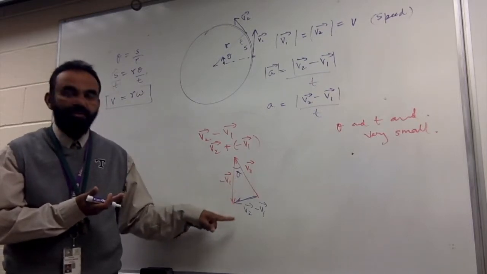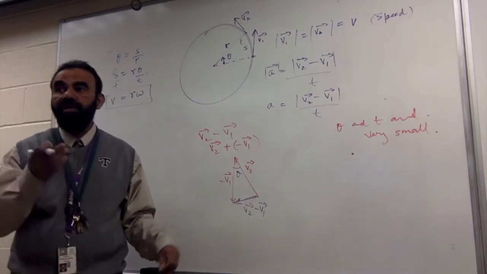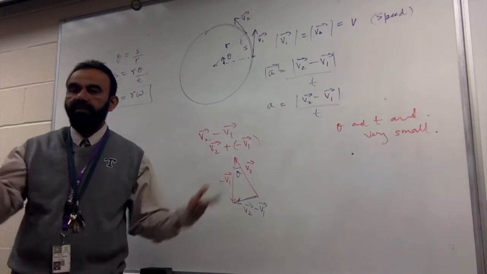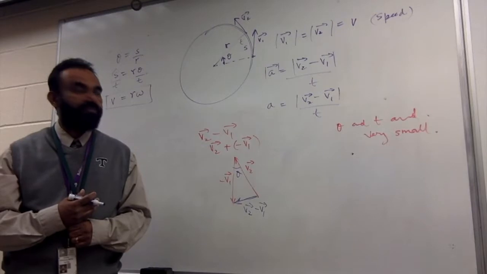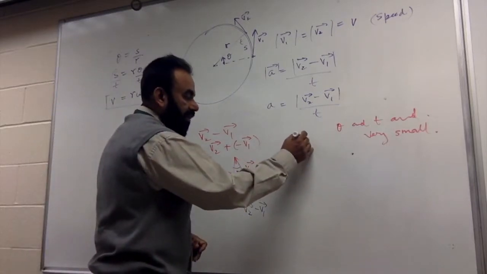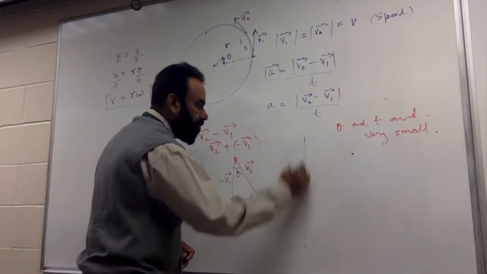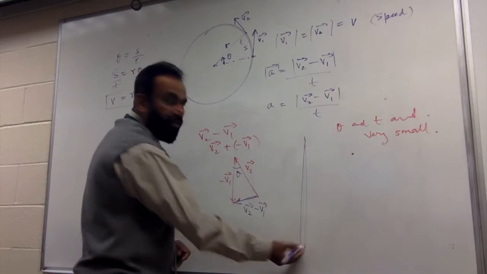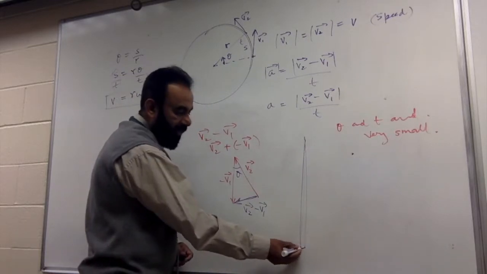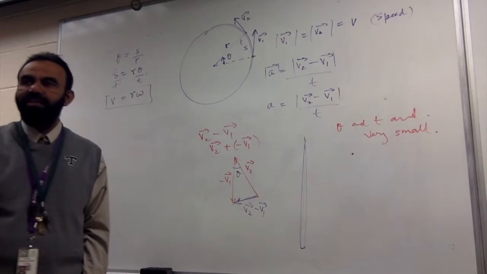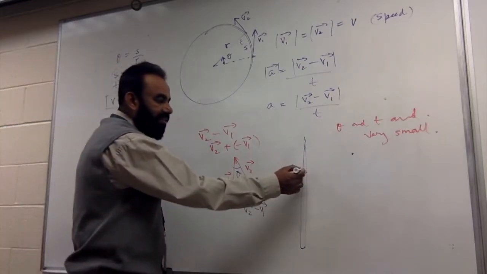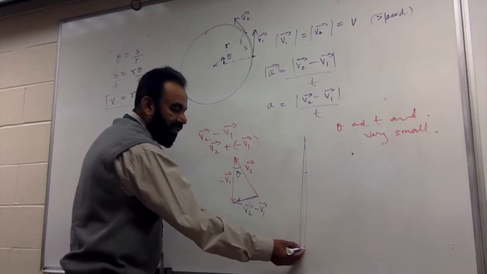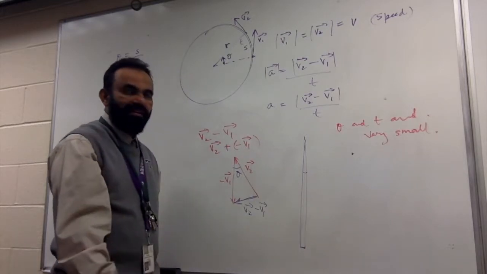But when the angle is very small, that one side of the triangle or an arc will make no difference, correct? When the angle between two lines is very, very small, what's the difference if I make a connection by an arc length or a straight line? It doesn't make a difference. It will be pretty much the same thing. So when the angle theta is very small, this arc or a straight line cannot be differentiated.